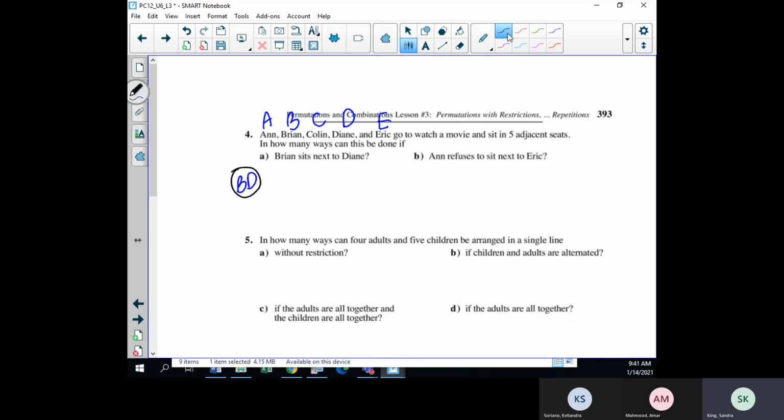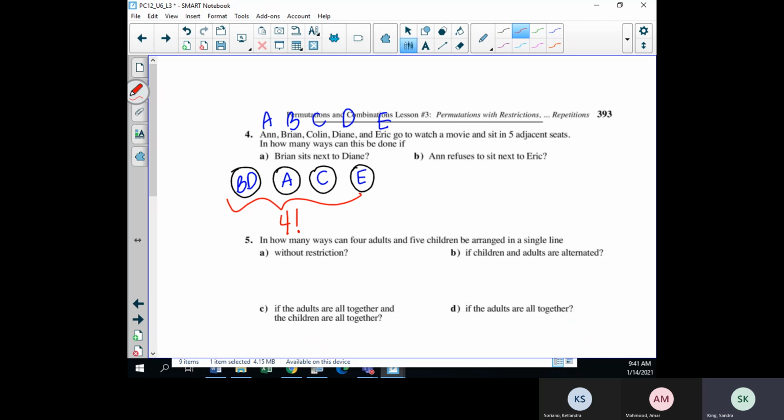What that means is I've got another disc with Anne on it, another disc with Colin, and then Eric needs a disc. So try to think of discs. How many different discs total do we have? 1, 2, 3, 4 different discs.